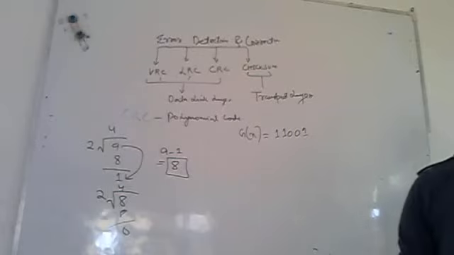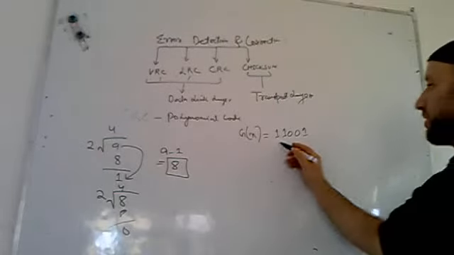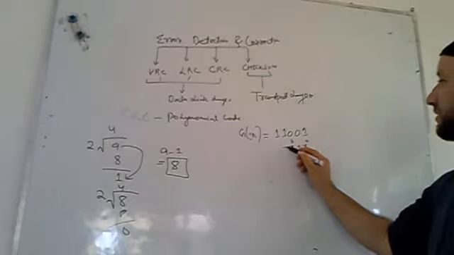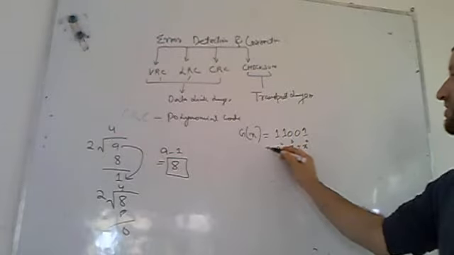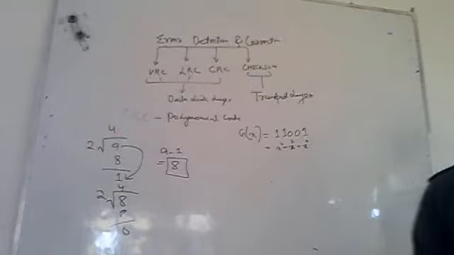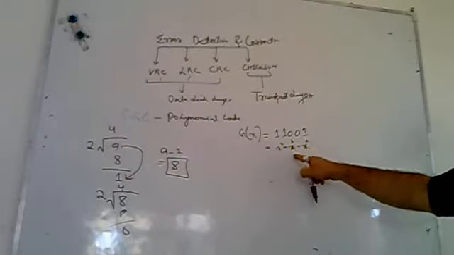Okay, 5 bits I will take. What will be the polynomial code of it? X raised to 0, 1, 2, 3, plus x raised to 4. This is g of x: x raised to 4 plus x raised to 3 plus 1.